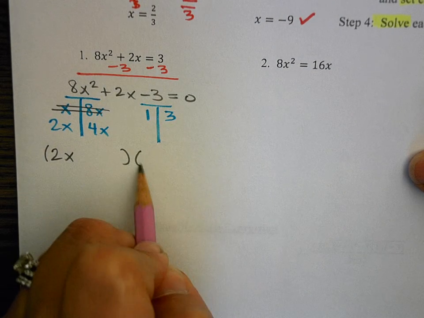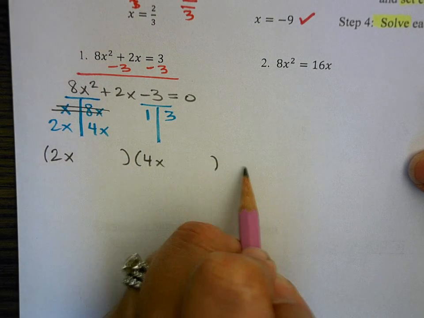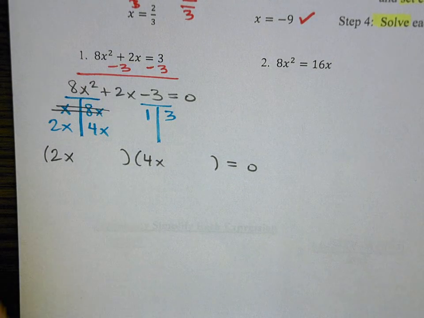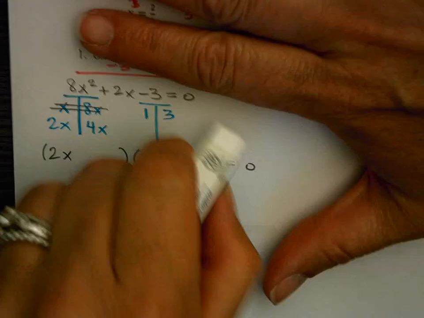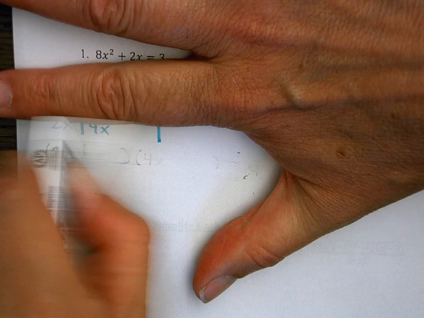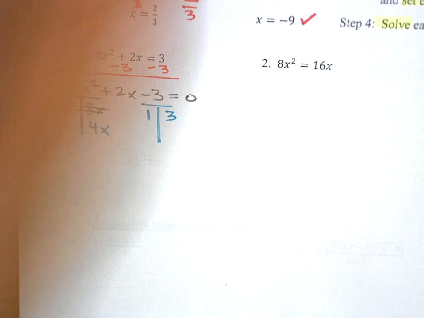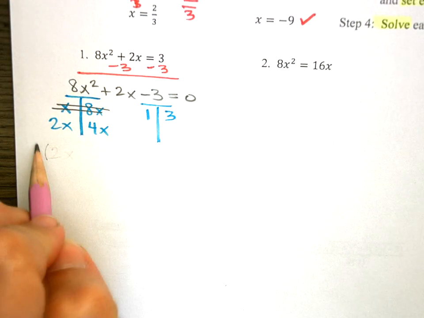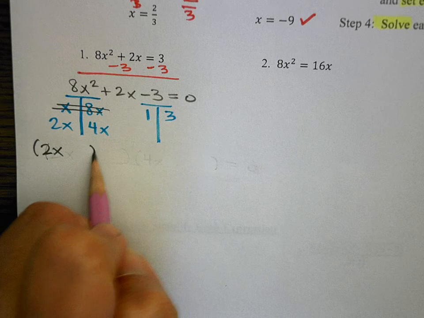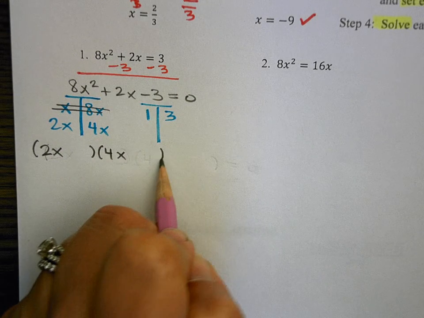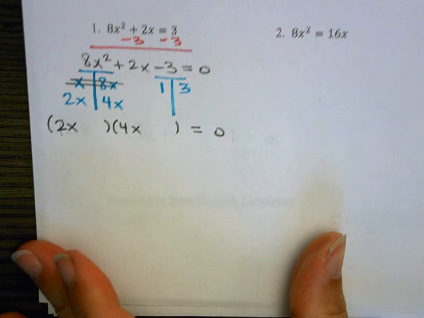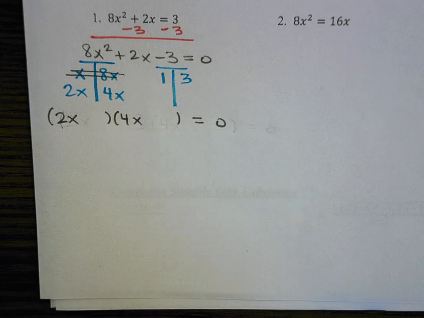So then I'm going to have 2x and 4x. So like that. Okay. And then from there, I know I need to use a 1 and a 3.